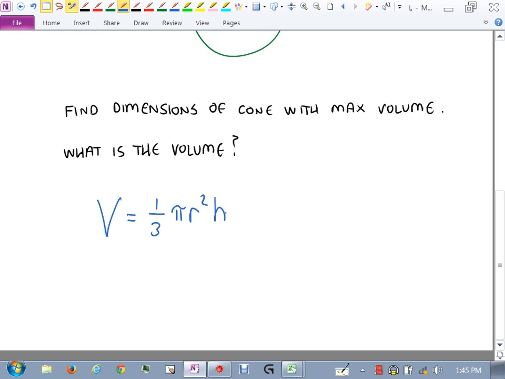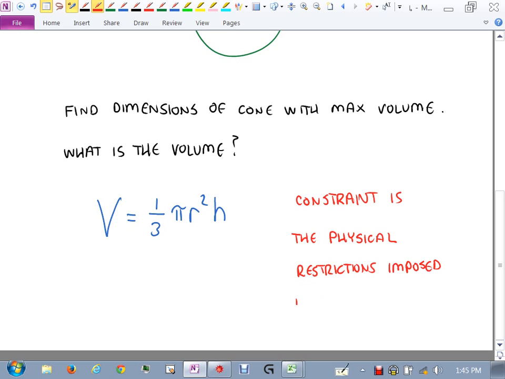So the constraint is the physical restrictions imposed by the sphere.